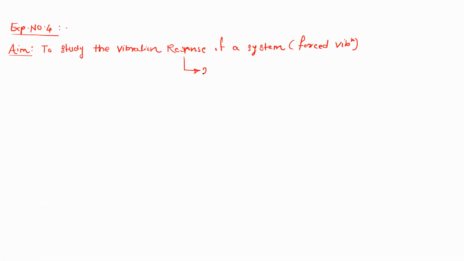I will write here x, or we will measure this displacement or response in terms of the amplitude. Generally we take this value as a capital A. We will measure this in terms of millimeter, or we can measure in meter.